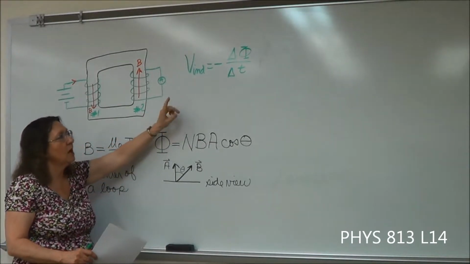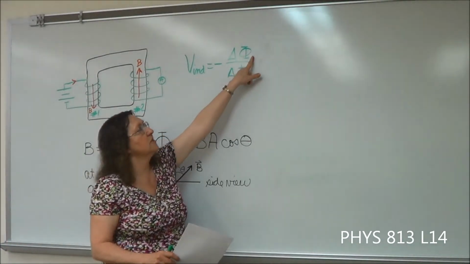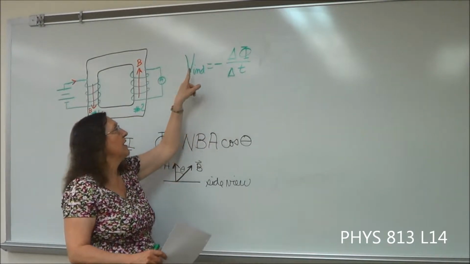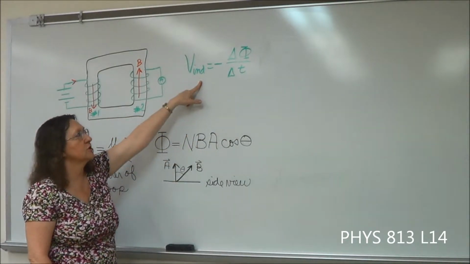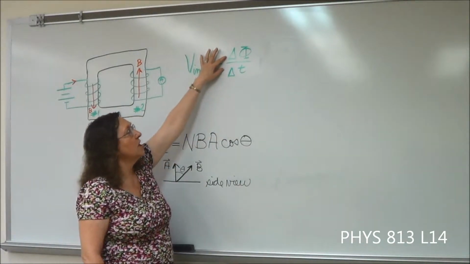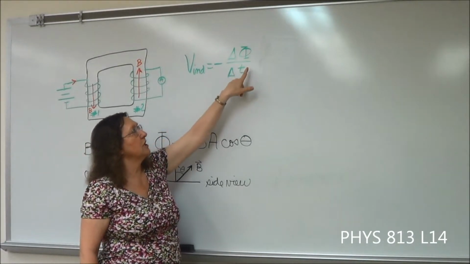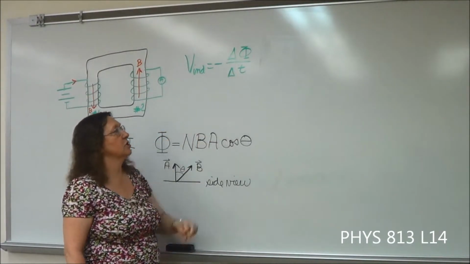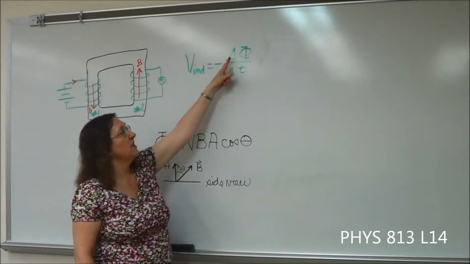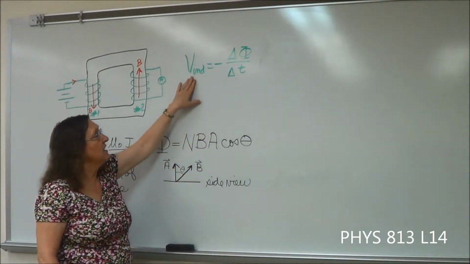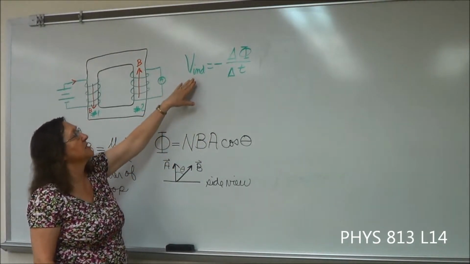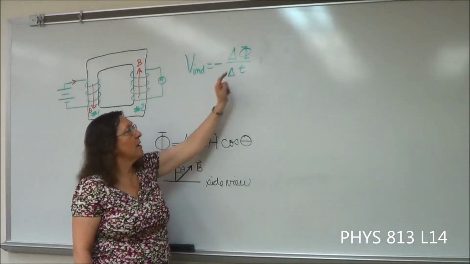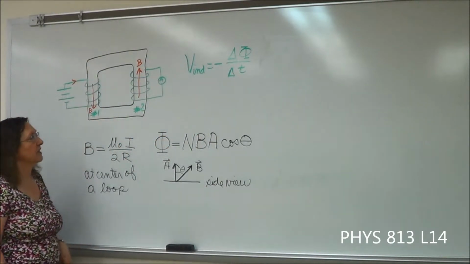So here, if the flux is changing, then there will be an induced voltage. So it's not only the fact that it's changing, but it's the rate at which it's changing. If it changes very slowly, not much effect is happening. If it changes rapidly, then there's a large effect.